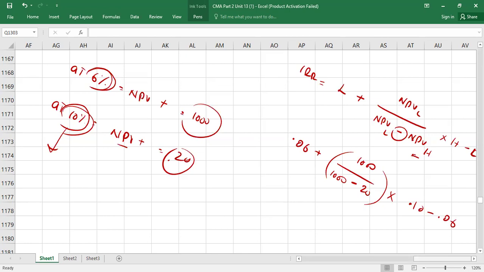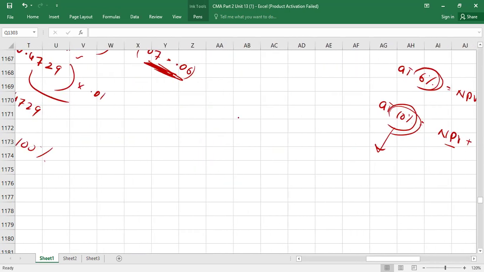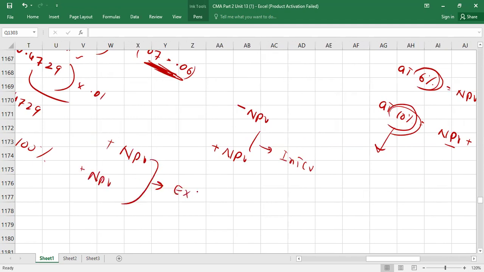Please remember, two words I'm going to add here. Whenever we use a negative NPV and a positive NPV to find the IRR, this concept is called interpolation. When both NPVs are positive, or both NPVs are negative, and we apply the same formula, where mathematically only the sign changes, we still calculate the IRR, and that is called extrapolation.